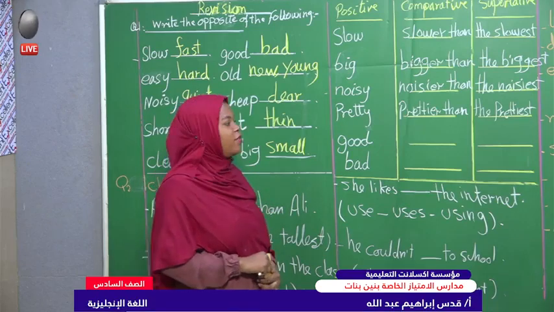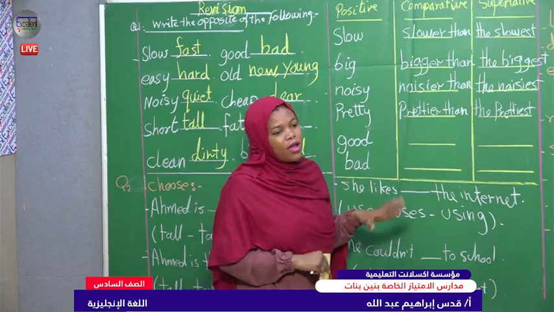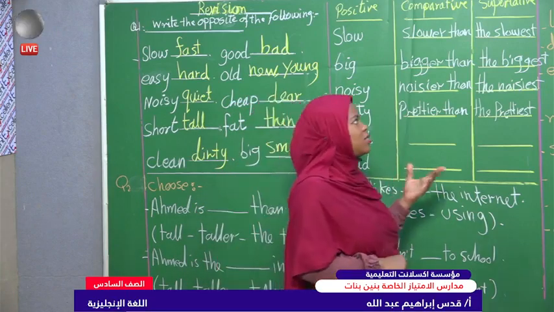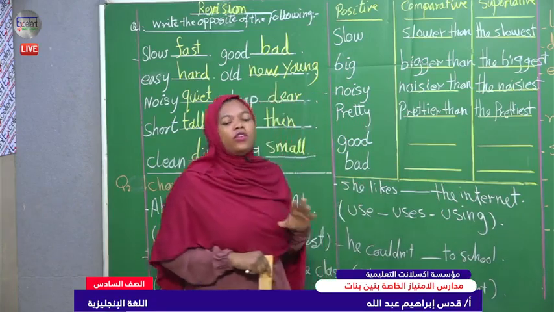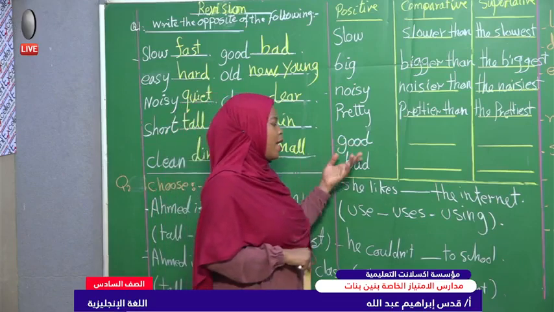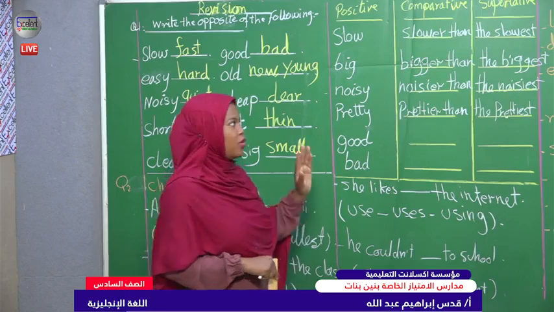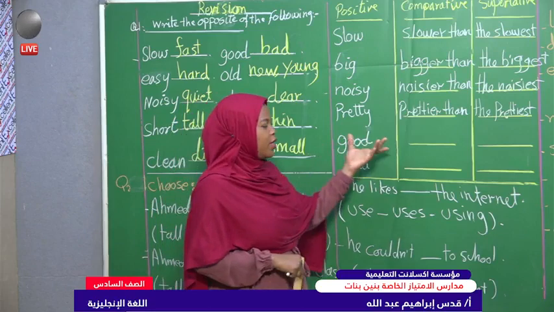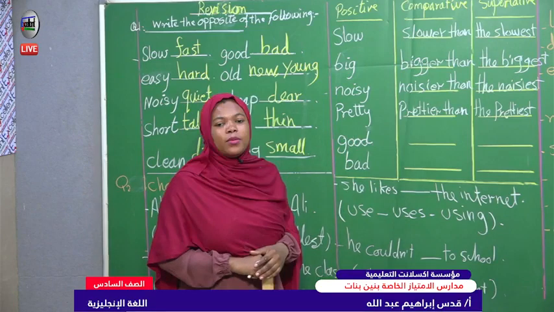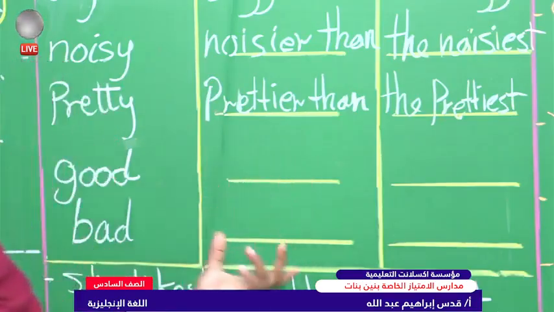We don't add ER in the comparative and we don't add EST in the superlative. Good and bad totally change. Most students make mistakes here. They see adjectives and add ER, even with good and bad, which is totally wrong.